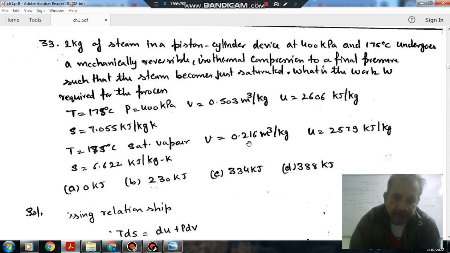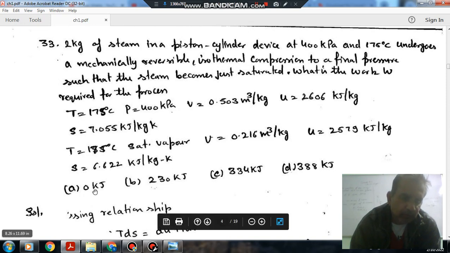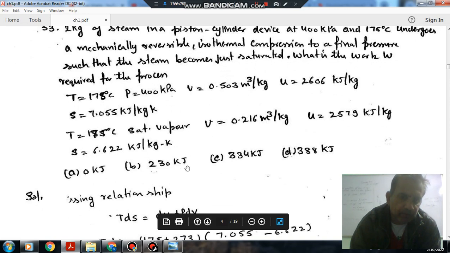V is equal to 0.216 meter cube per kilogram, U is equal to 2579 kilojoule per kilogram, S is equal to 6.622 kilojoule per kilogram per Kelvin. Options are A 0, B 230, C 334, D 388.